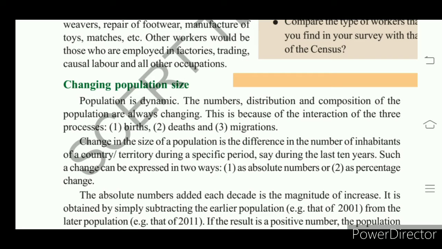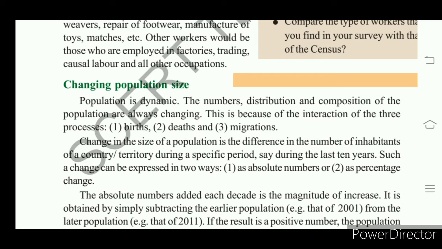The size of the population changed. It means the number of people living in the country during that period of 10 years from 2001 to 2011 changed. That is what we call change in the size of population. It refers to the change in the number of people in the nation from the last 10 years to now.